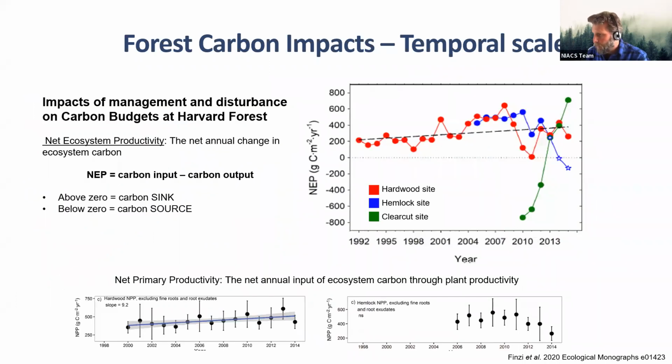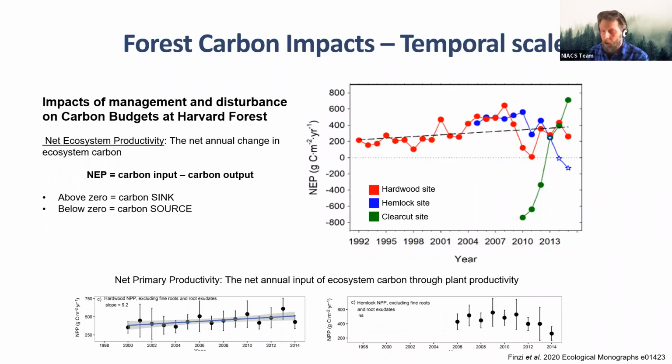And so this is some data from a paper that came out a few years back from Adrian Finzi, looking at net ecosystem productivity, essentially the annual net change in ecosystem carbon at Harvard Forest. There's a lot here I'm going to try to quickly walk you through, but what I really want you to look at is that big figure with the red and green and blue lines on it.